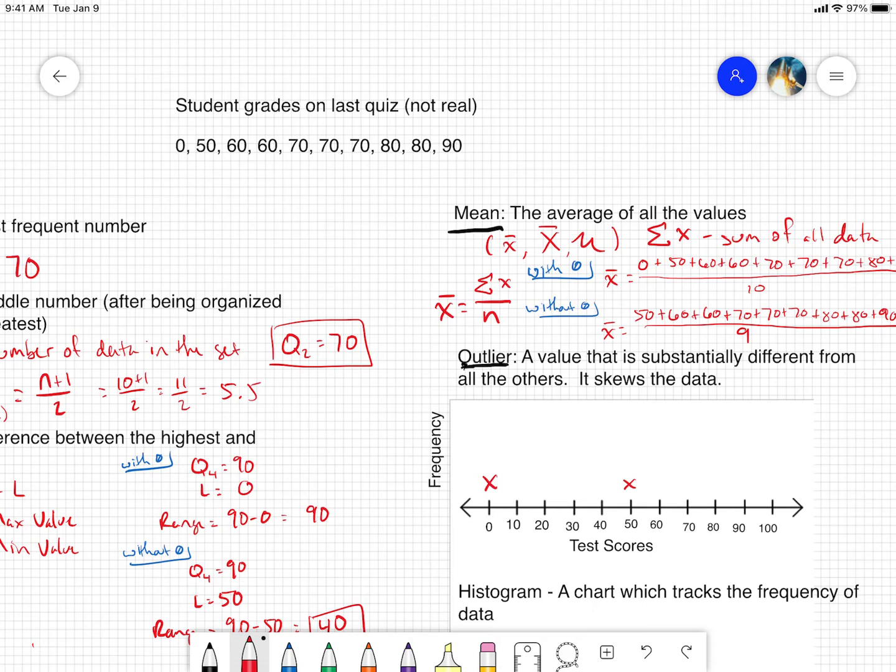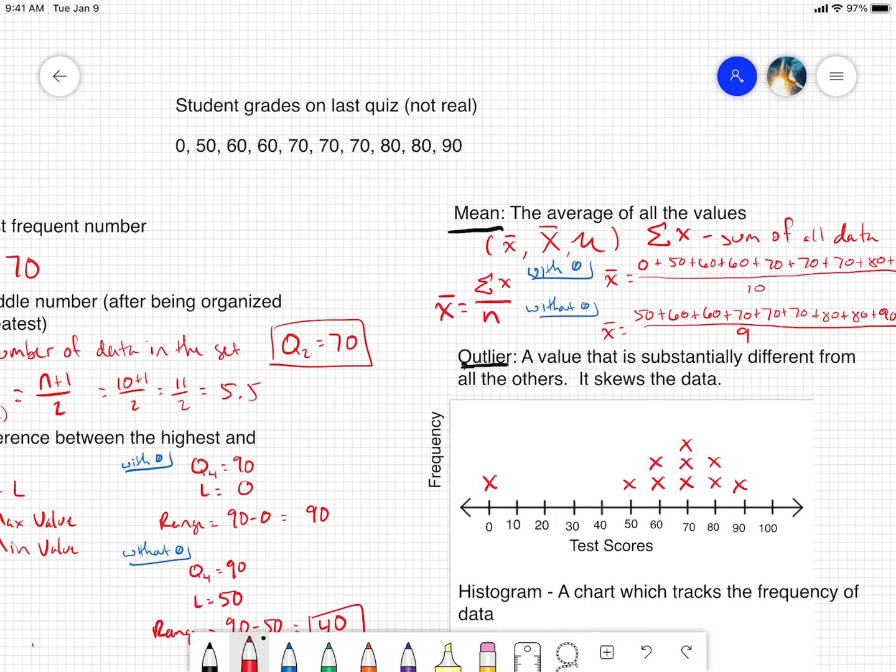Next number is 60, and the next number after that is also 60, so on top of it I'm just going to draw another X. And then I have three 70s, two 80s, and a 90.